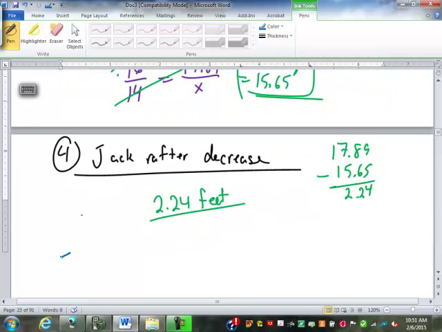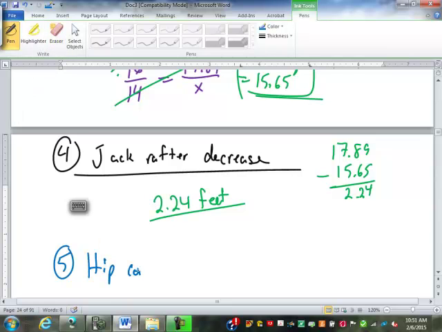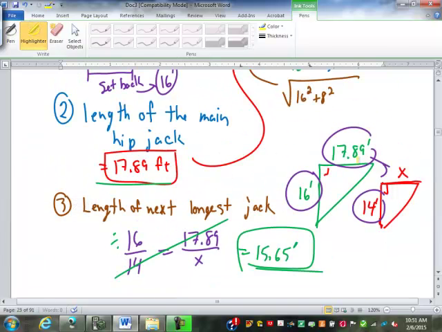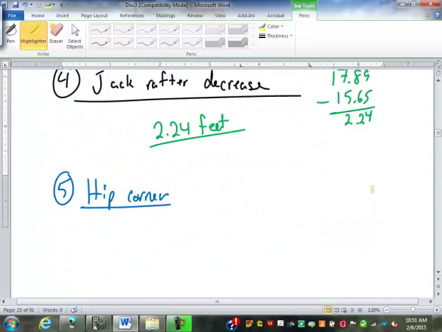We may be interested in finding the hip corner, or the actual hip rafter itself. To find the hip corner, all we're doing is looking at this triangle here, and we're finding the hypotenuse, which would just be 16 squared and 17.89 squared for this one.